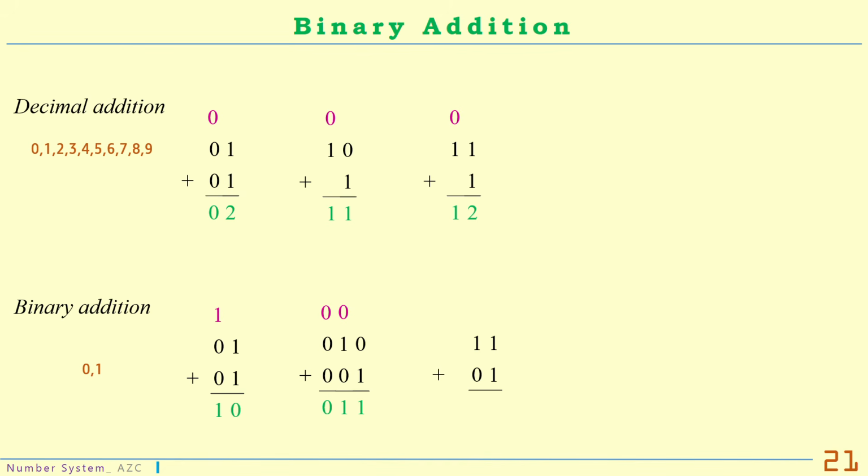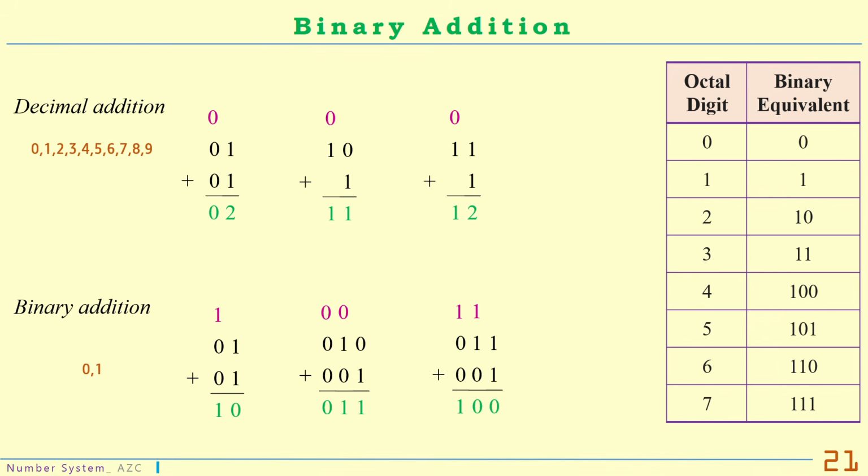In binary addition, 11 plus 1 is 100. Binary equivalent numbering is given in this table. So the array of binary numbers is 0, 1, 10, 11, 100, 101, 110, 111 and so on.